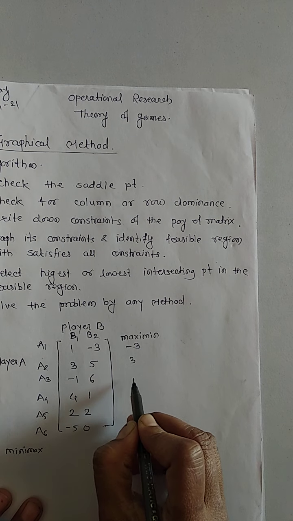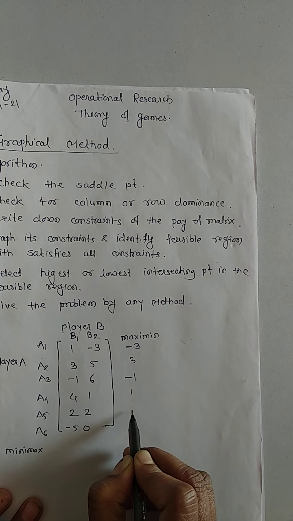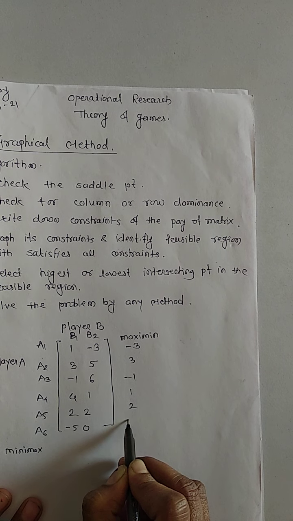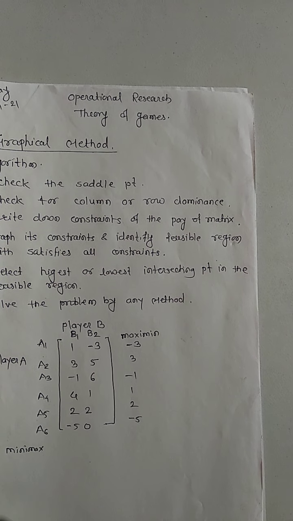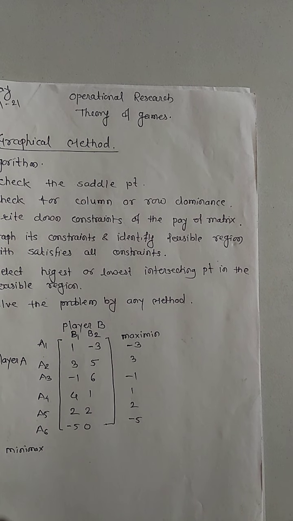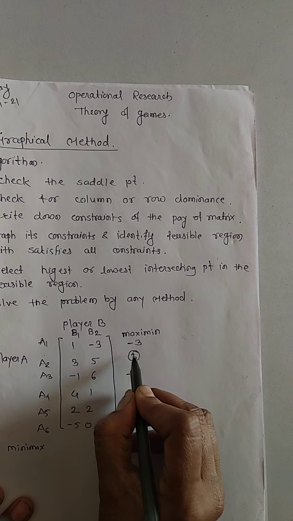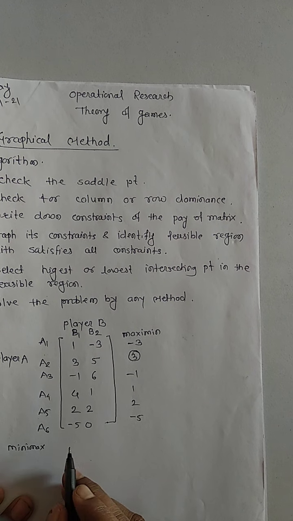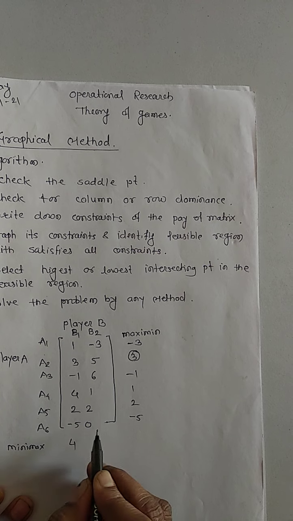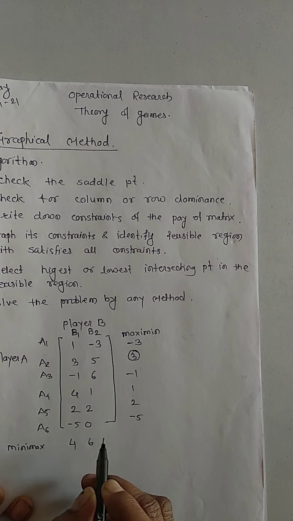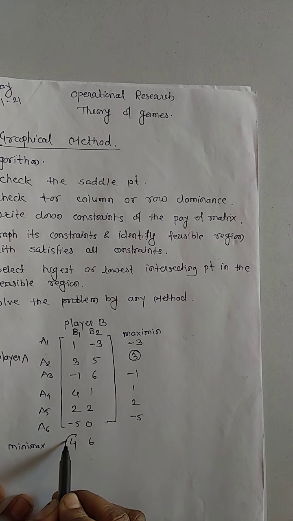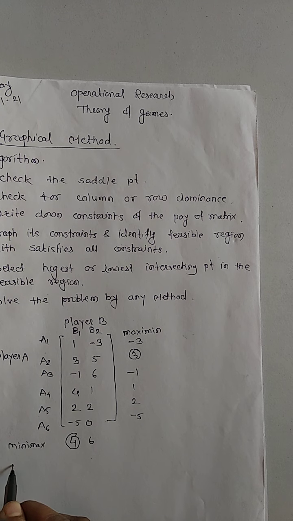In the second, 3, then -1, 1, 2 and -5, and the minimum of these maximums is 3. In the first column the maximum element is 4 and in the second column 6, and the maximum of these minimums is 4.